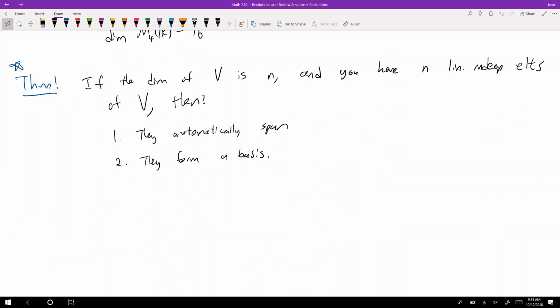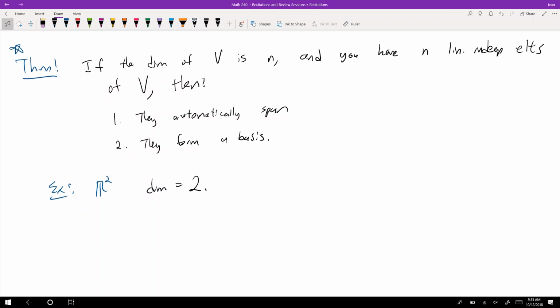So really quick example for this one. Let's take R2, right? And so the dimension of R2 is equal to 2. And then you'll see that, hey, 1, 0 and 2, 7. Okay, here's 2 vectors. They're linearly independent.